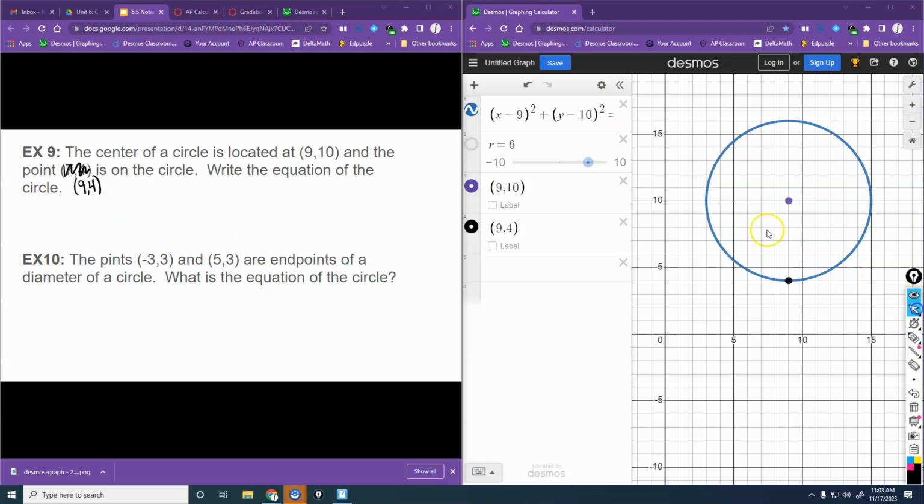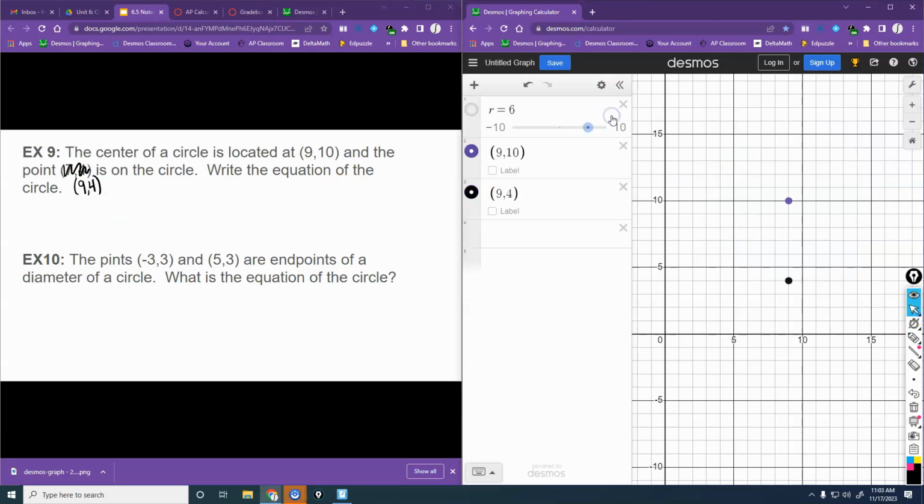So I know the center of my graph. Since I know the center, let's just go ahead and type these in: 9, 10, and 9, 4. Okay, I know that red dot right there is supposed to be my center. I know the blue dot is supposed to be the dot on the edge of the circle. It says the point is on the circle there.